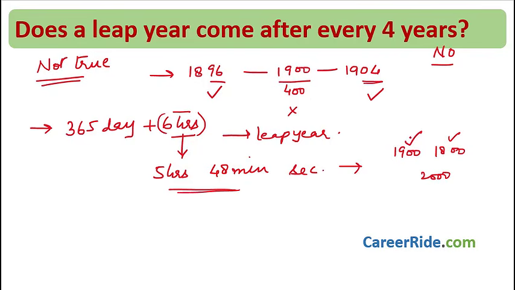Like 1900, not a leap year. 1800, not a leap year. But 2000 is a leap year. Being a century year also, we divide it by 400 and it comes out to be a leap year. Okay, so this is again really important information that you'll require to solve many questions. Make sure that you pay attention to this also.